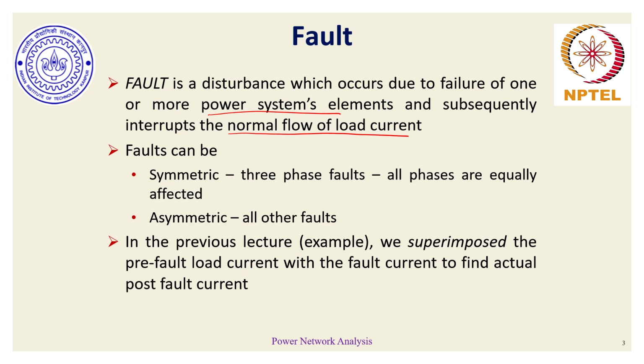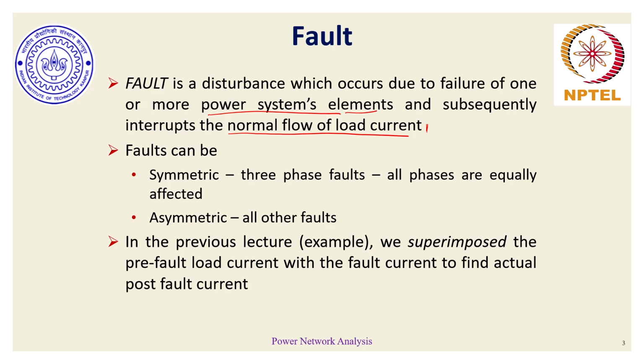Intentional operations are when a power network element like a transformer or a line has to go into scheduled maintenance, or unintentional, because of some weather disturbance, aging effect, or unforeseen event, where the network element itself might stop performing satisfactorily, which might interrupt the flow of current from the source to the load.